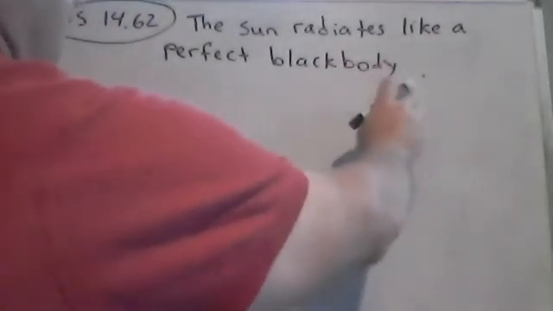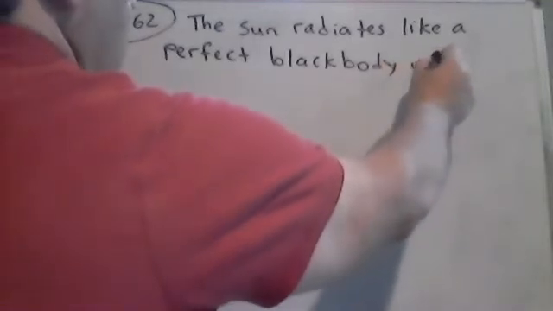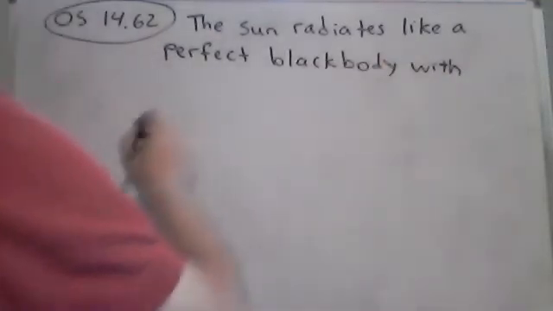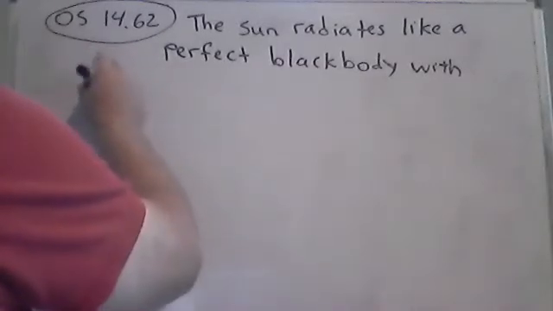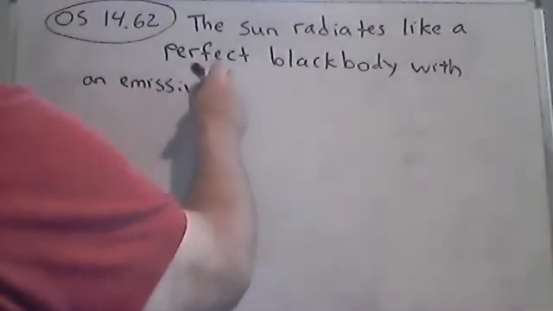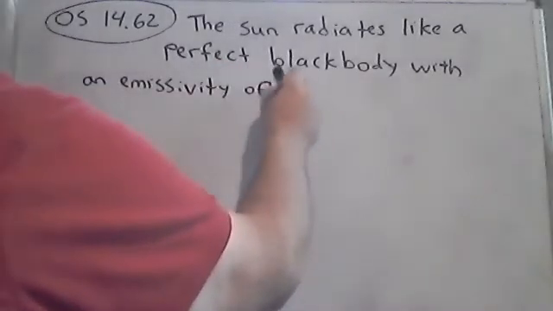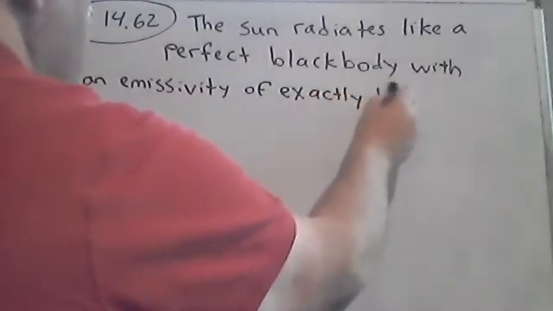That's what a perfect black body means. Emissivity means perfect absorber and emitter, an emissivity of exactly 1.